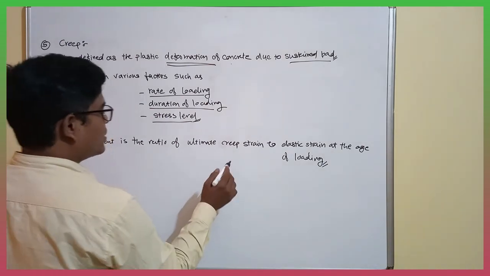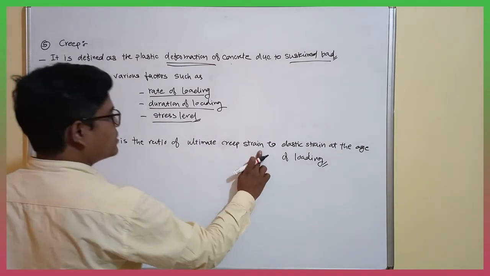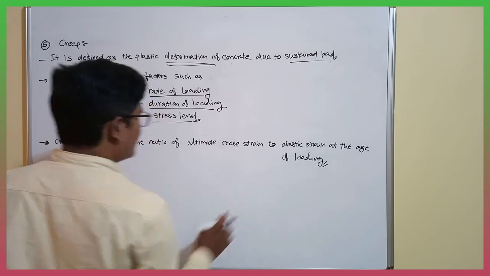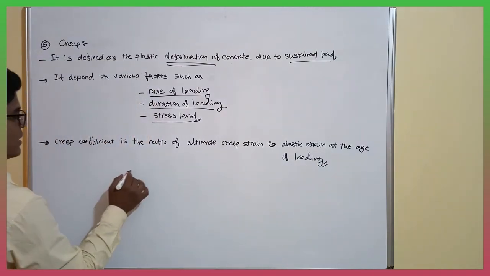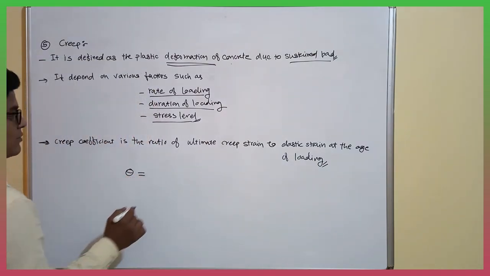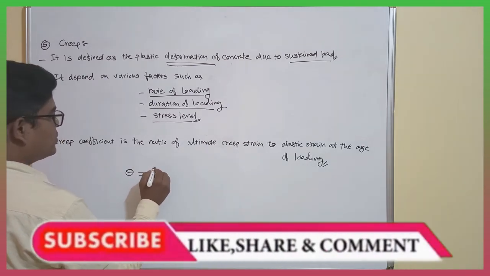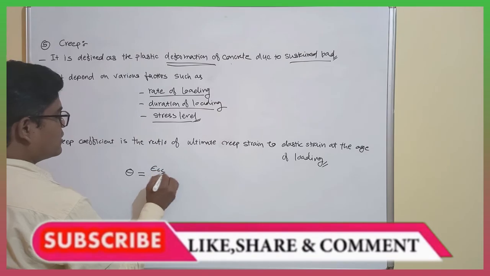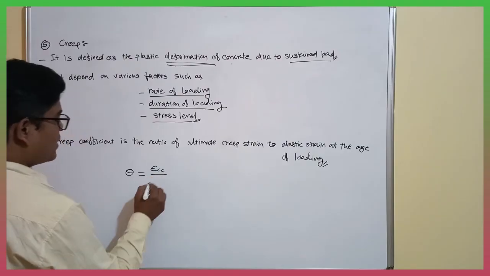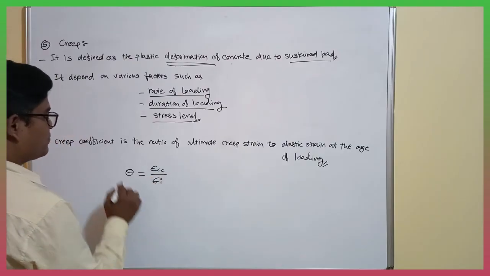So this is the ratio of ultimate creep strain to the elastic strain. So creep coefficient is denoted by theta, the ratio of ultimate creep strain, which is denoted by ECC, and elastic strain.